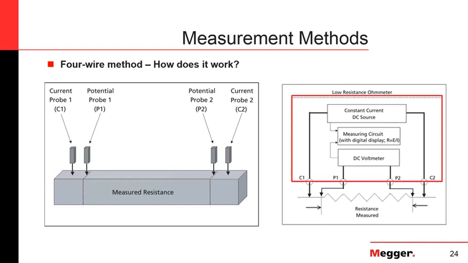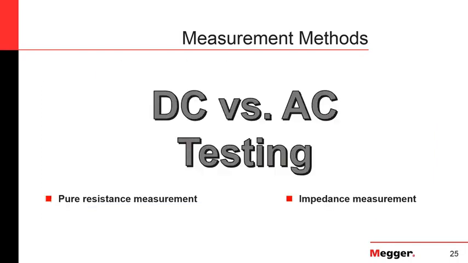Another important consideration is being aware of whether our application should be tested using either direct current or alternating current. If we use DC, we will be measuring the pure resistive component of the circuit under test.